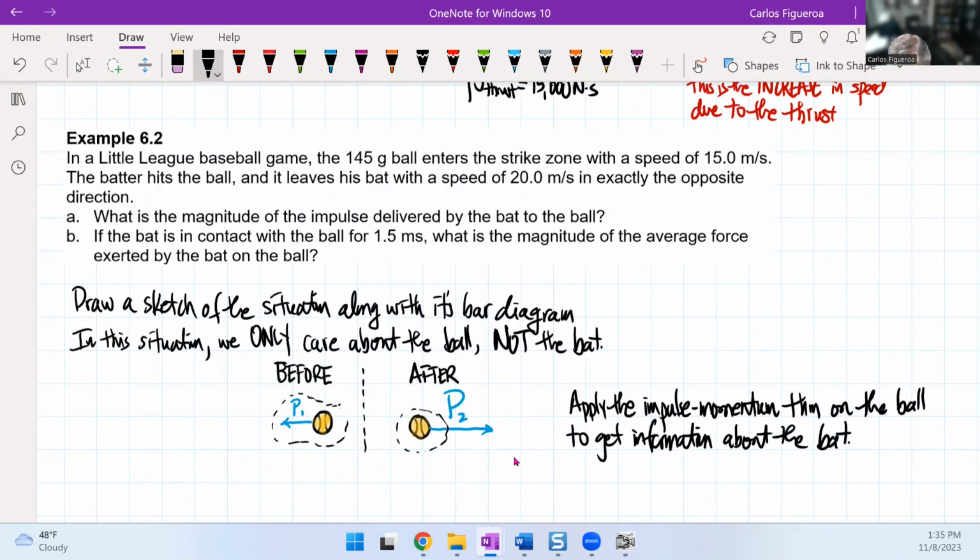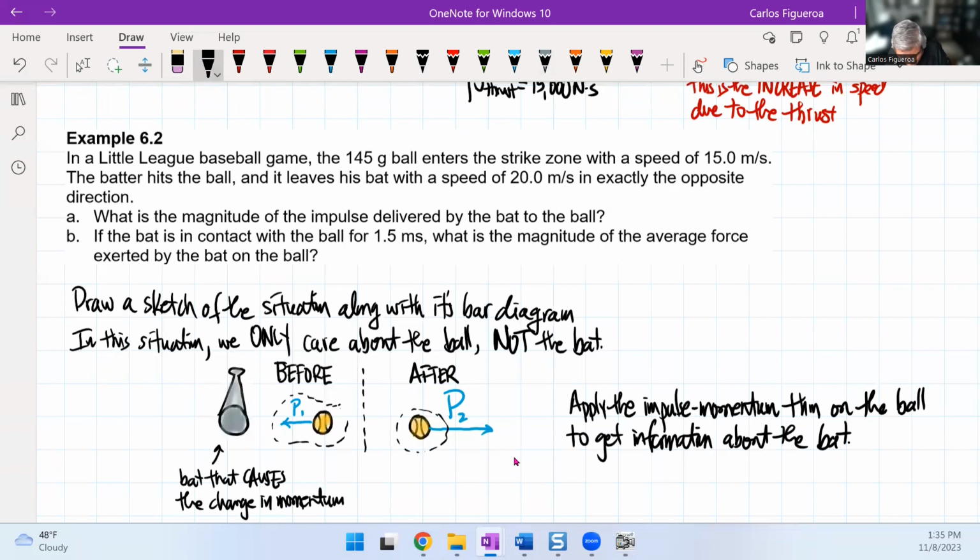But now if I want to sketch the situation here, what I do know is that in this picture, which is outside of our system, I have a bat. And what is the bat doing? The bat, we then say here, is that it's the bat that causes the change in momentum.